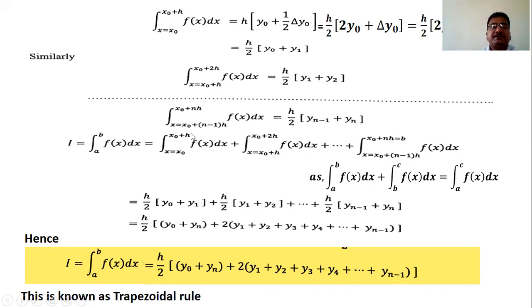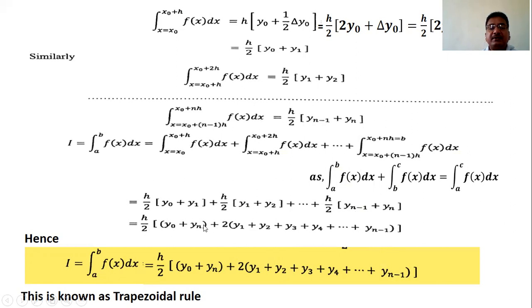Then substitute the values of these integrals. The integral from x0 to x0 plus h of f(x) dx is h by 2 times (y0 plus y1), plus h by 2 times (y1 plus y2), and in this way the last is h by 2 times (y(n minus 1) plus yn). Then take h by 2 as common.